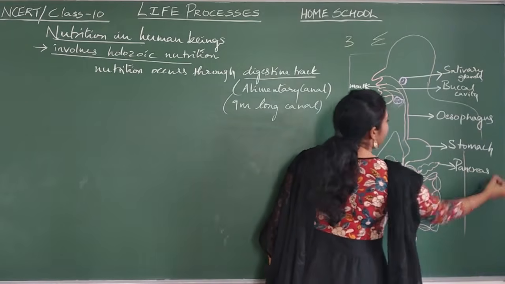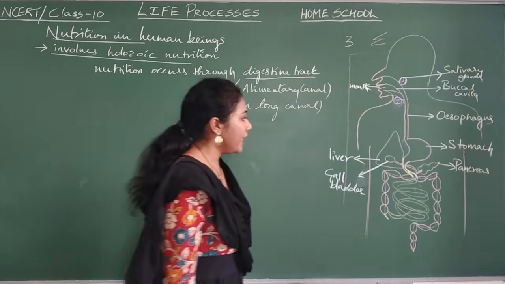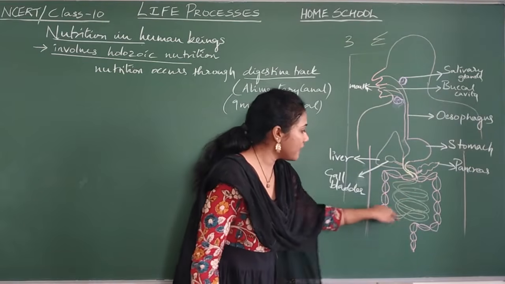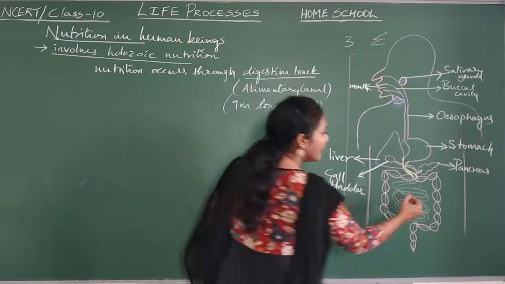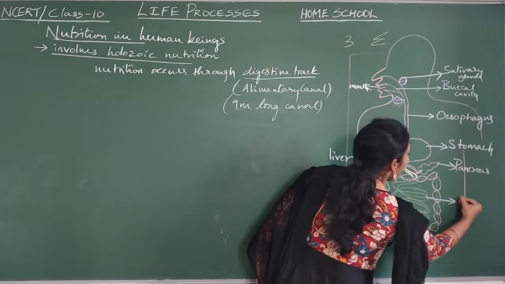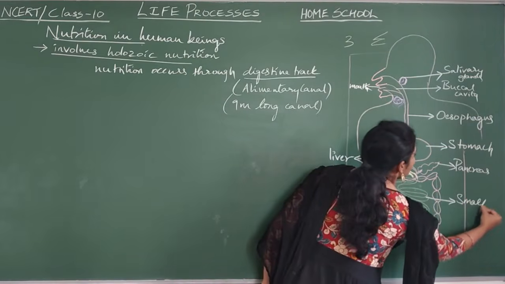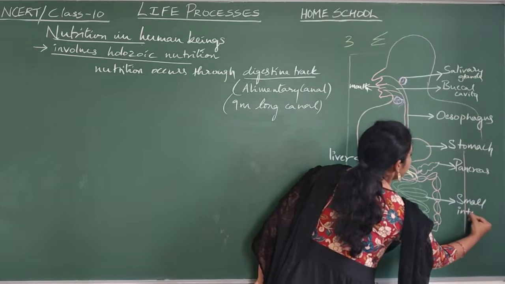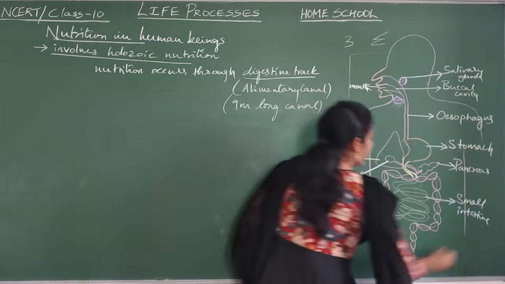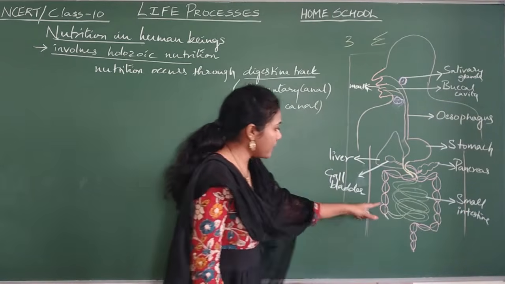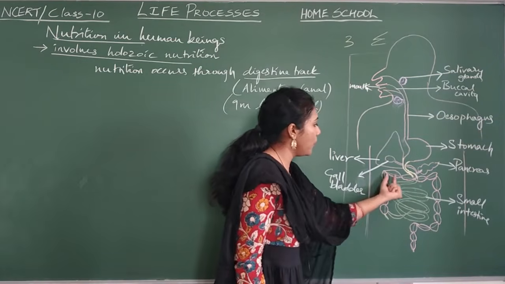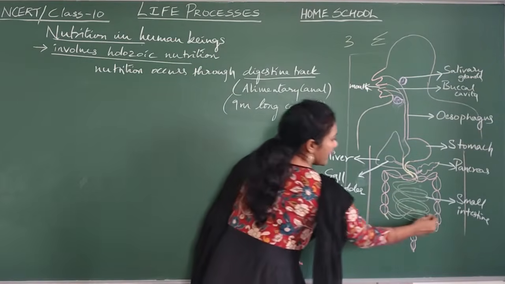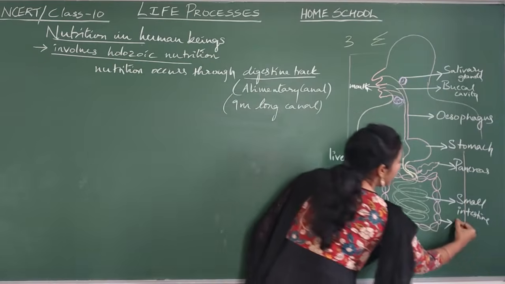Okay, this is our pancreas. And this coiled one, so many snake coils that I have drawn inside, this is our small intestine. Okay, and this one, the pink colored area, this ball shaped structure, is called the big intestine.